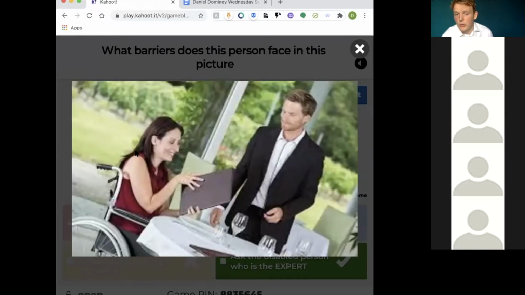You don't necessarily know the situation they're in. They might be in a lift in a restaurant or something like that, or a ramp, in which case the stairs wouldn't be a barrier. So I think the key takeaway, and it's the whole essence of participatory design, which was discussed yesterday, is ask the disabled person who is the expert.